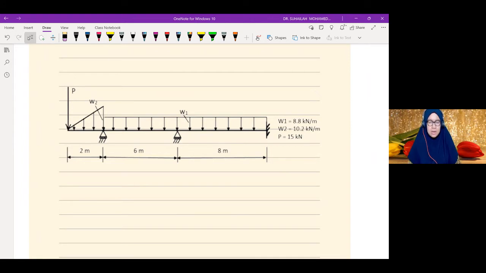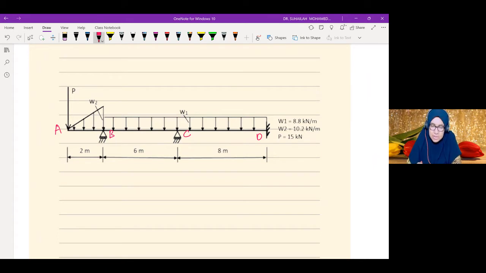So I now want to label this as A, B, C, and D. So we have 4 joints, and how many cutting sections do we have?